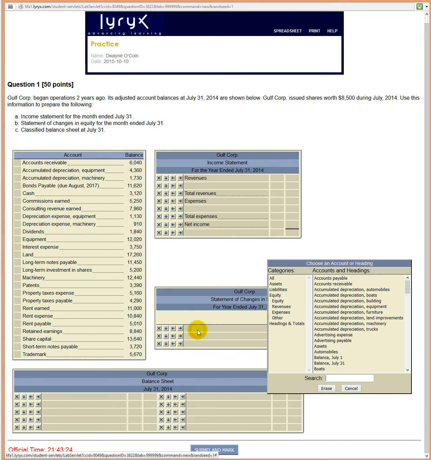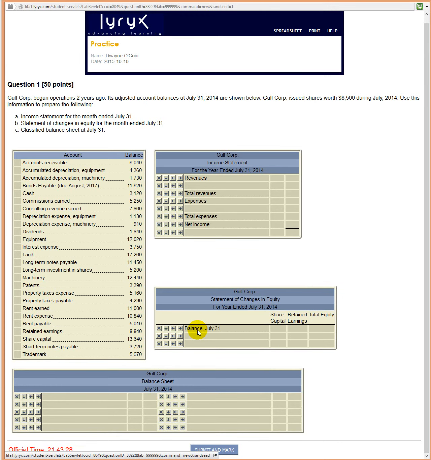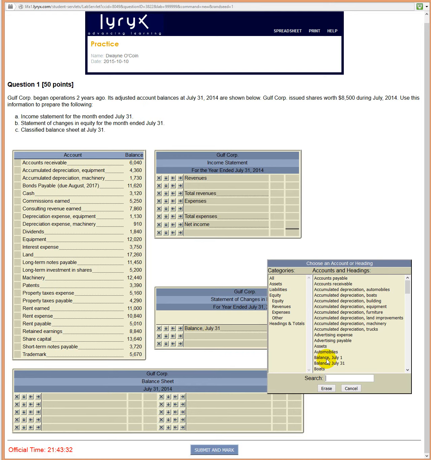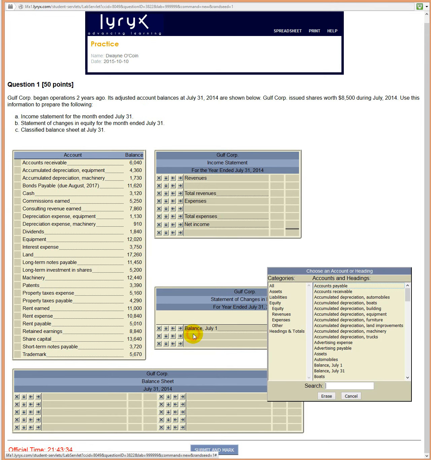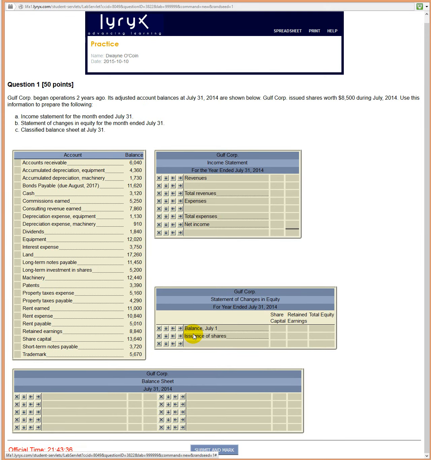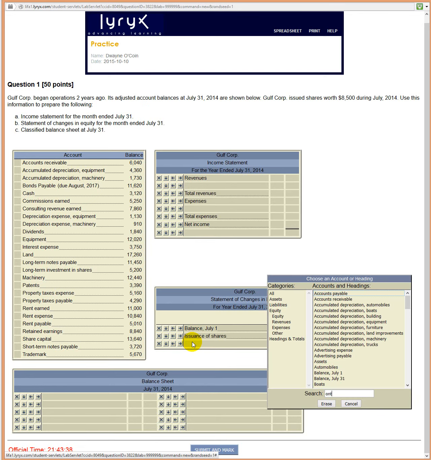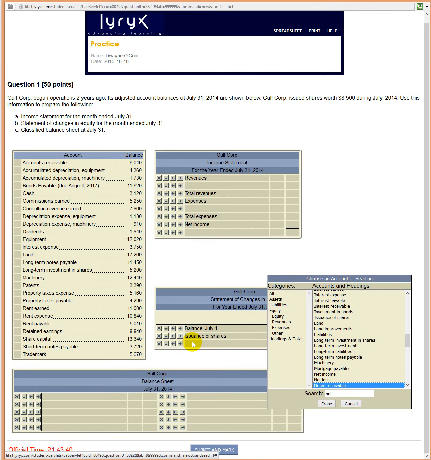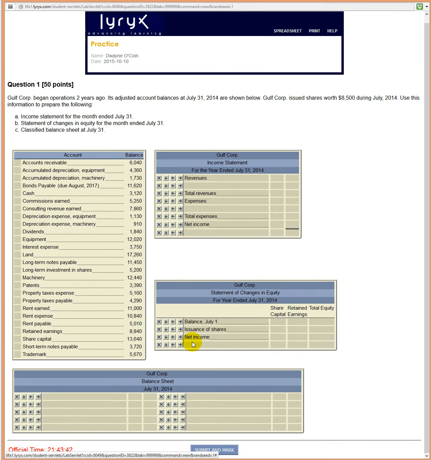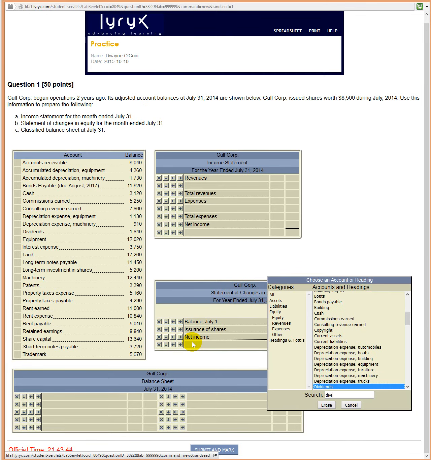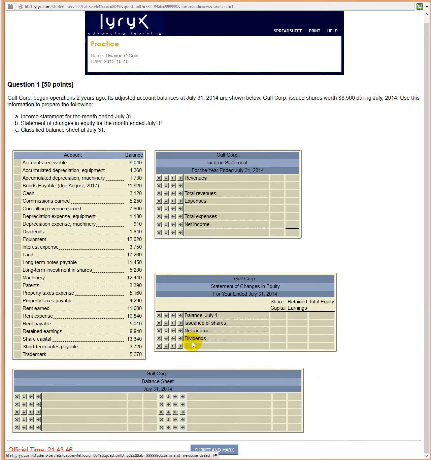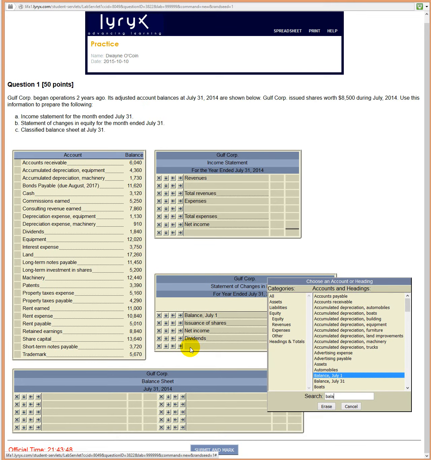And on the statement of changes in equity, we start with the balance at the beginning of the year. Whoops, that's the beginning. At the end of the year, we want balance July 1st. Then we're going to issue some shares. Then we're going to have some net income. And pay some dividends, giving us a balance at the end.